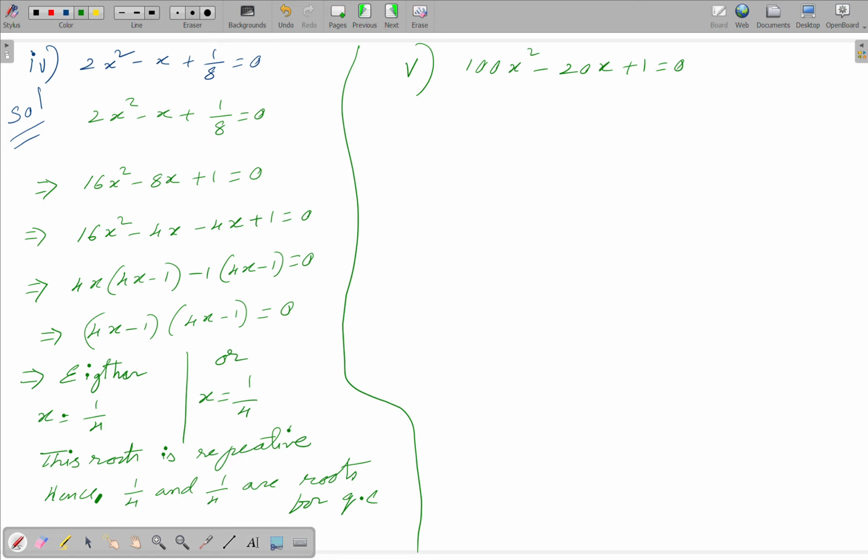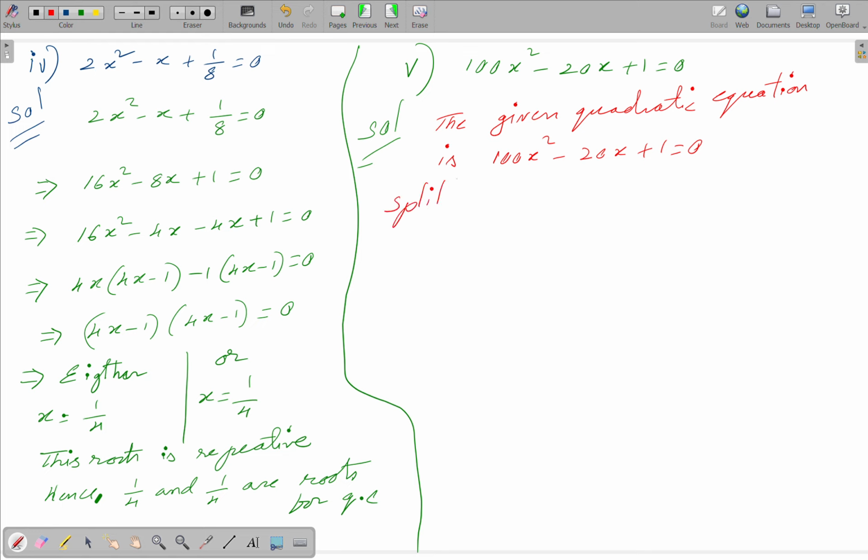Solution: the given quadratic equation is 100x square minus 20x plus 1 is equal to 0.